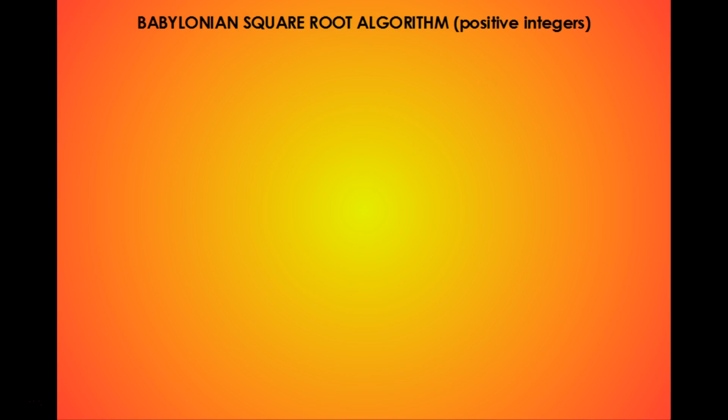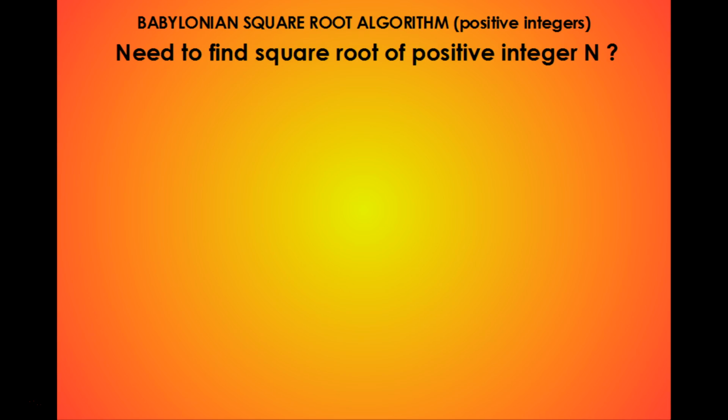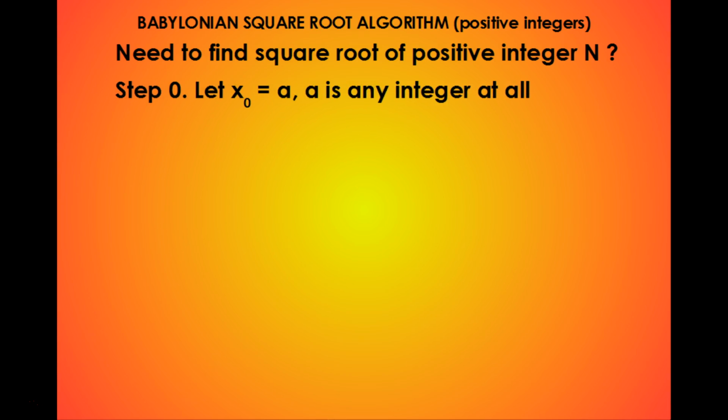Now let's have a look at the actual method. Let's say you need to find the square root of positive integer n. Step 0. Let x0 be any integer at all. Step 1.